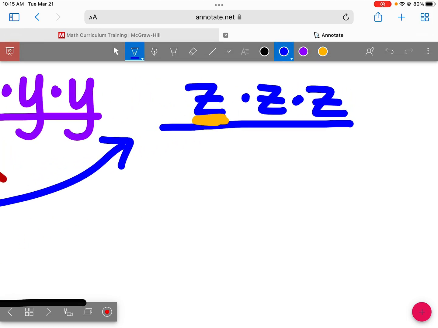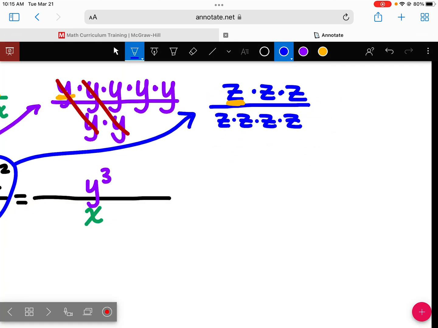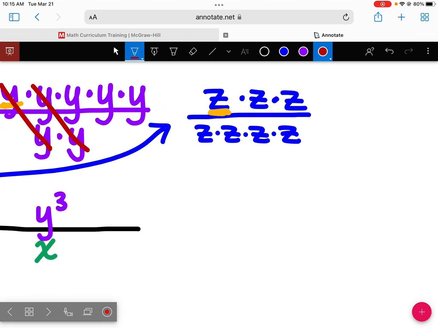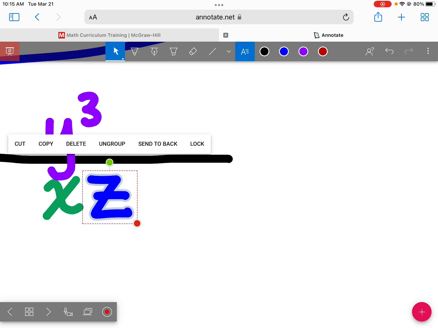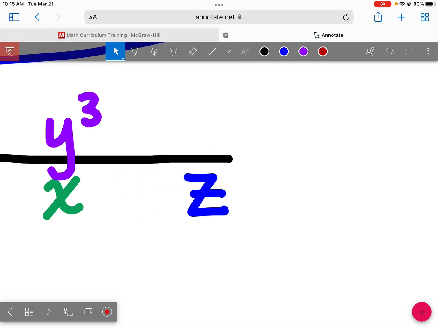How many z's in the denominator? 4. 1, 2, 3, 4. What can I cancel? I can cancel 3 of them, which leaves me how many? On the top or on the bottom? On the bottom. All right, so I'm going to pause here for just a second, and I'm going to bring my numbers over.